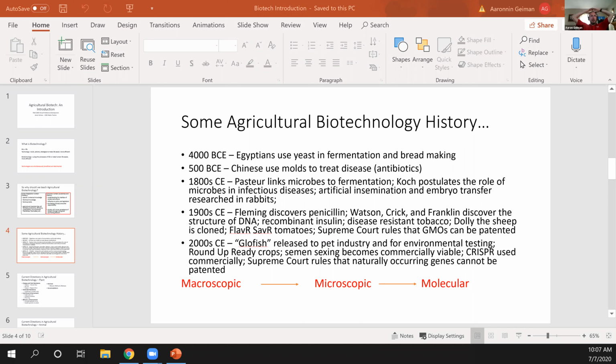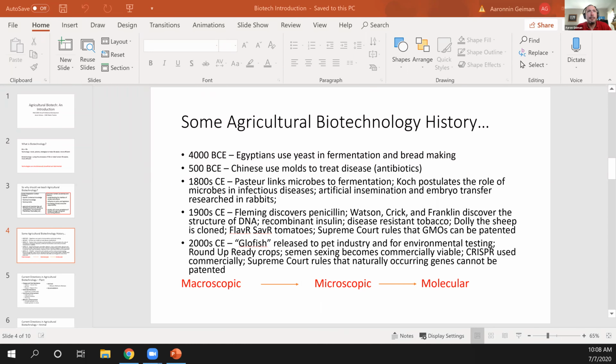They didn't know what was happening at the molecular or even the submolecular level, but they knew that yeast was working for them. We go forward, and the Chinese were using molds to treat disease. Once again, they were probably feeding people these in the forms of cheese and some other things, and the people were getting better, but they probably truly didn't know what was happening.